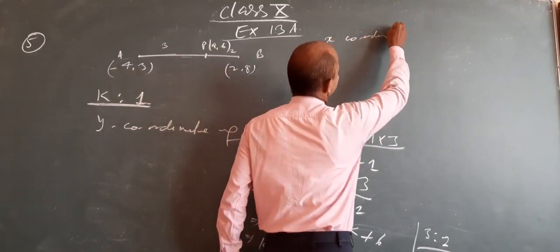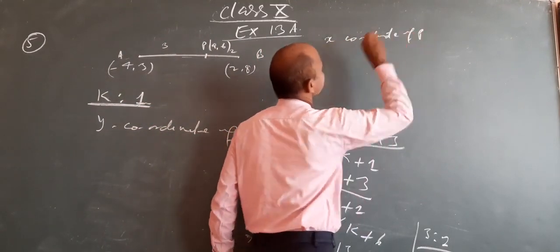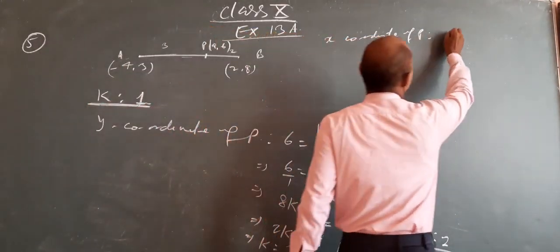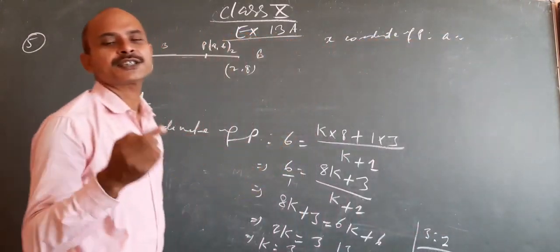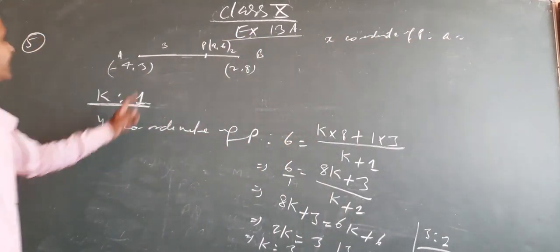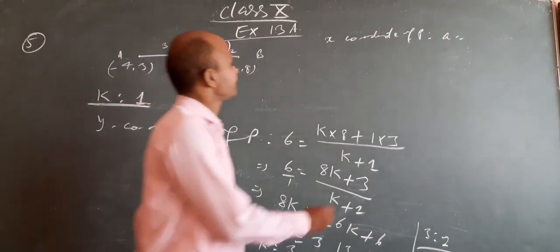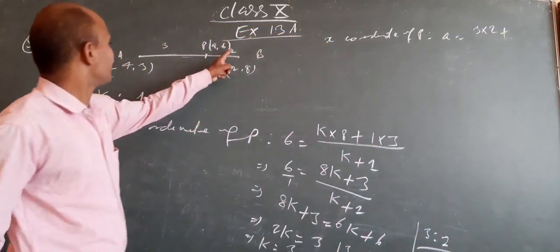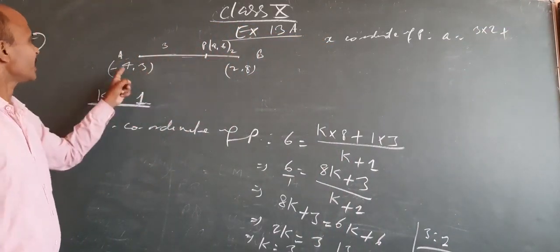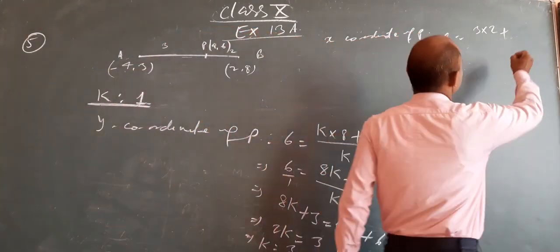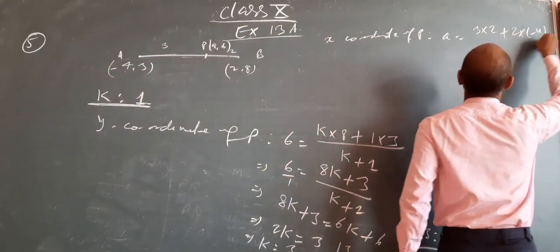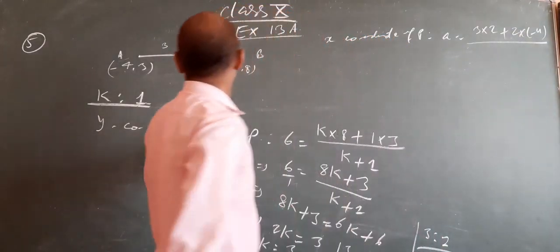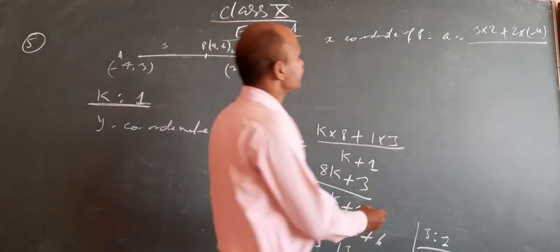X coordinate of P, this is the x coordinate a. a is equal to m1 x2 plus m2 x1, that is 3 into 2 plus 2 into minus 4, by m1 plus m2. m1 plus m2 will be 3 plus 2, 5.